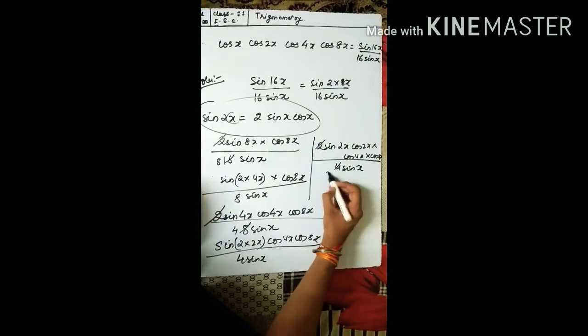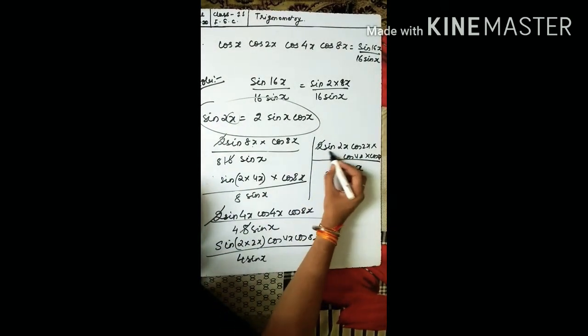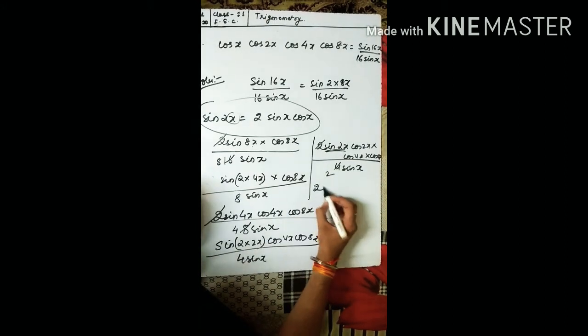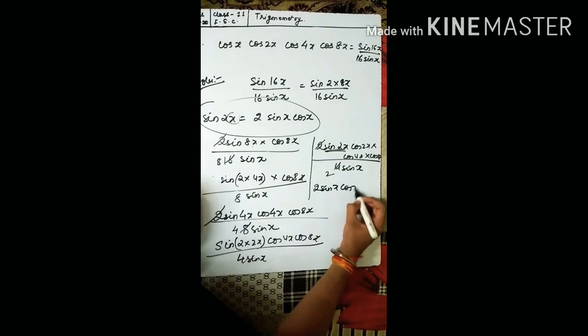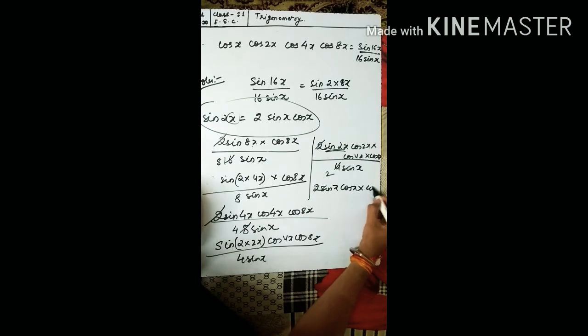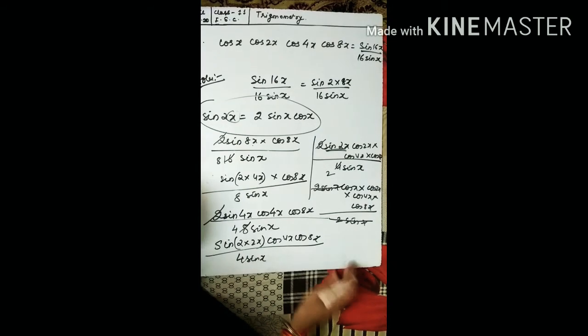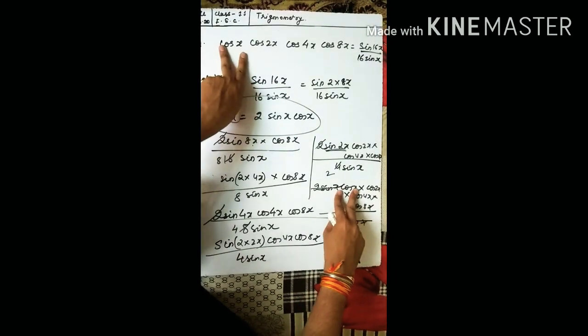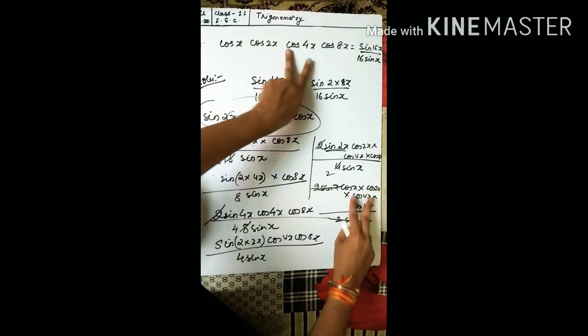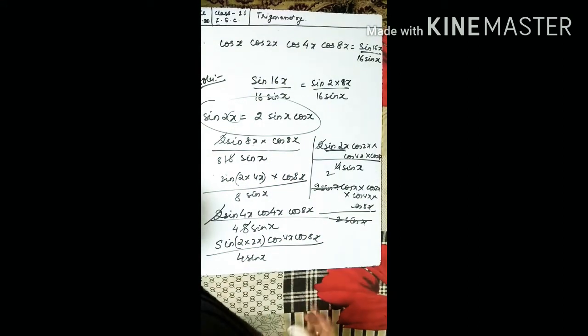This 2 with this 4 you can cancel by 2. Now you are left with sin 2x, so just put the 2 sin x cos x identity into this: cos 2x into cos 4x into cos 8x whole upon 2 sin x. Now you directly cancel this 2 sin x with this 2 sin x to get cos x, cos 2x, cos 4x and cos 8x. Hence proved.